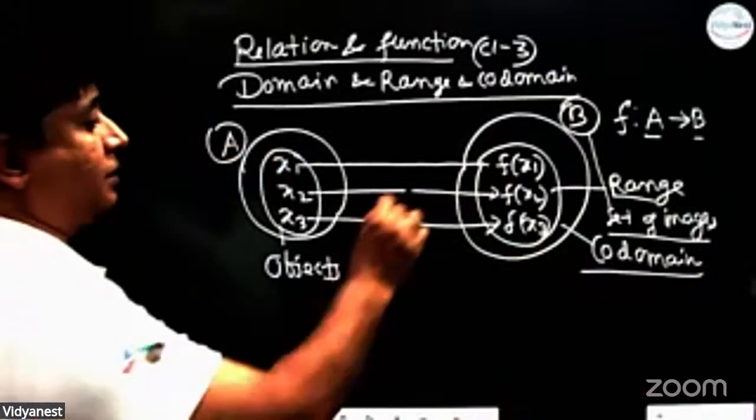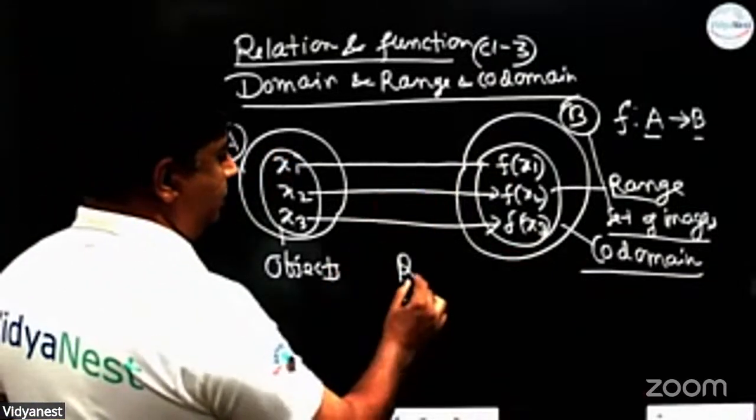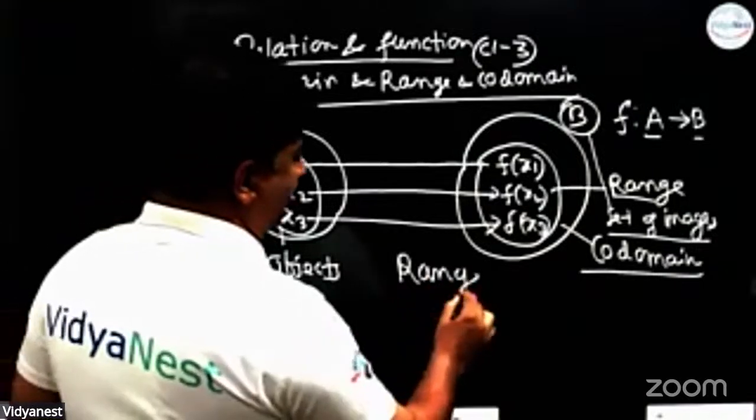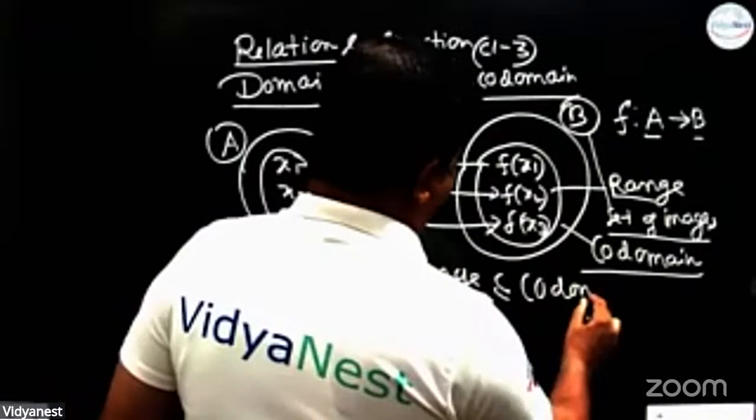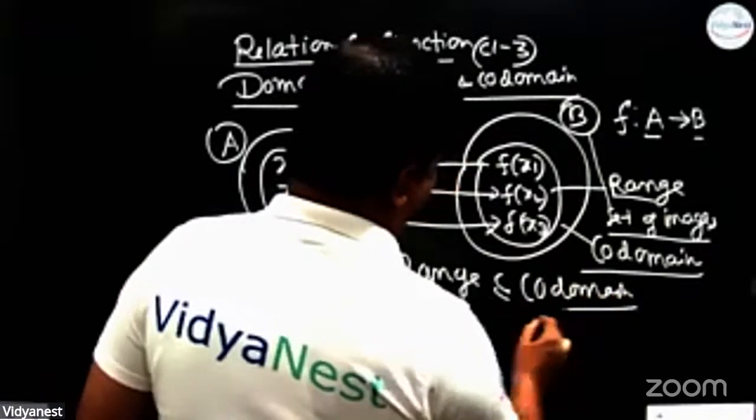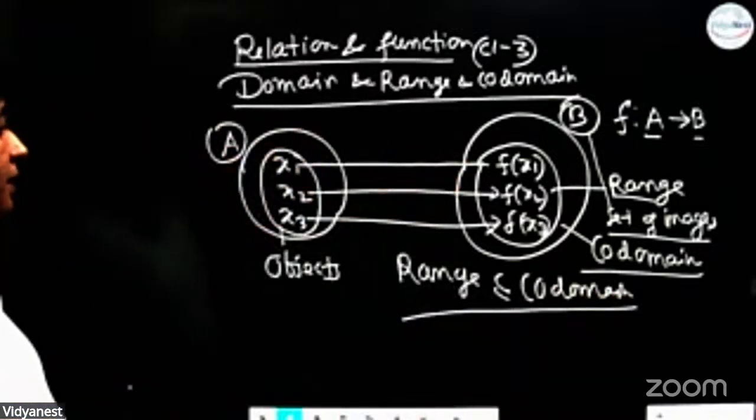And here it is clearly visible that range is a subset of codomain.